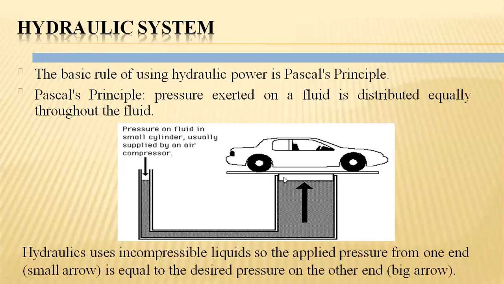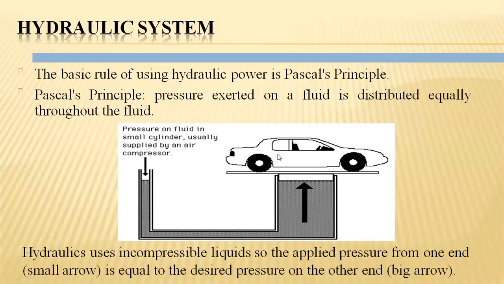And when it is connected to the cylinder and piston arrangement, for example, this is the cylinder and this is the piston, which is attached to a metal plate which helps to hold a maximum weight of objects in order to lift them upward. So the impartation of the pressure will lift the particular weights.